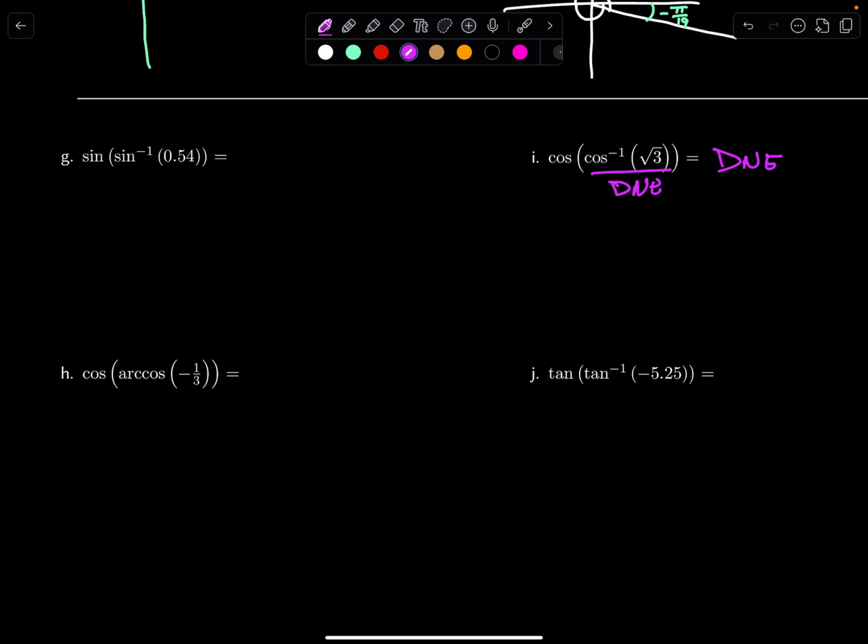But otherwise, as long as for sine and cosine, as long as x is between 1 and -1, then what you see is what you get. Like if you're doing it this way, sine of the inverse sine.